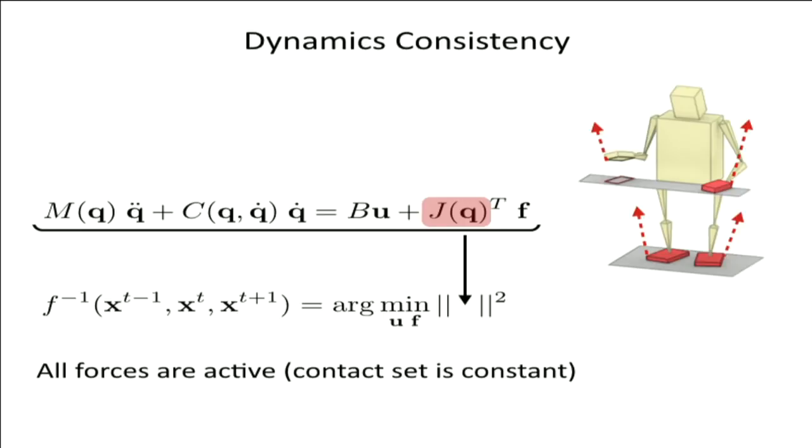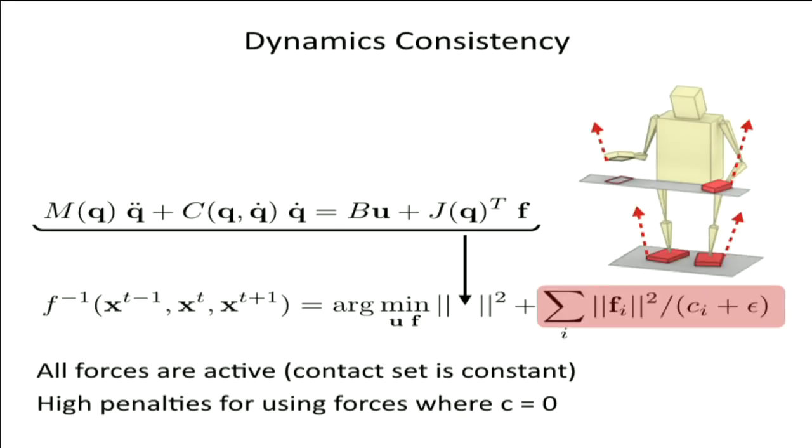And the dynamics consistency is similar to what we've seen before. You can use your inverse dynamics function. But now we're making it so that all of the forces are active, so that your set of contacts doesn't change. It's always maximal at every time. But we're going to add penalties that penalize the use of forces for the body parts where the contact variable is 0.